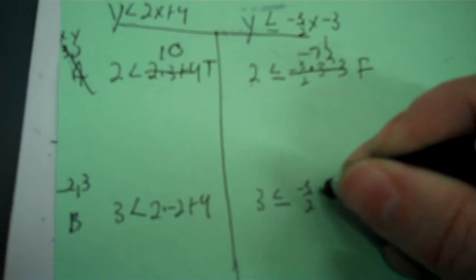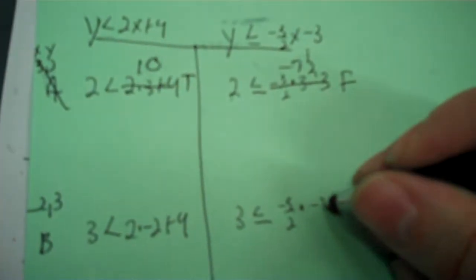B, pick this one. That looks like backwards 2, so it's negative 2, up 3, x, y. So I'm going to put negative 2, 3. And I do the same thing. 3 replaces the y, less than 2 times negative 2 plus 4. 3 replaces the y, negative 3 over 2 times x, but x is negative 2, and then minus 3. 2 times negative 2 plus 4, that's going to be 0, okay?